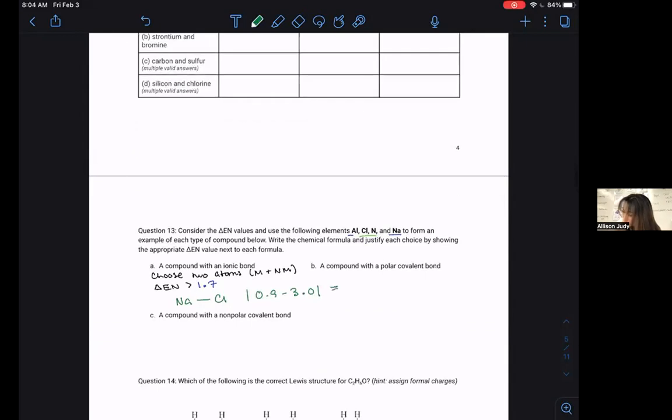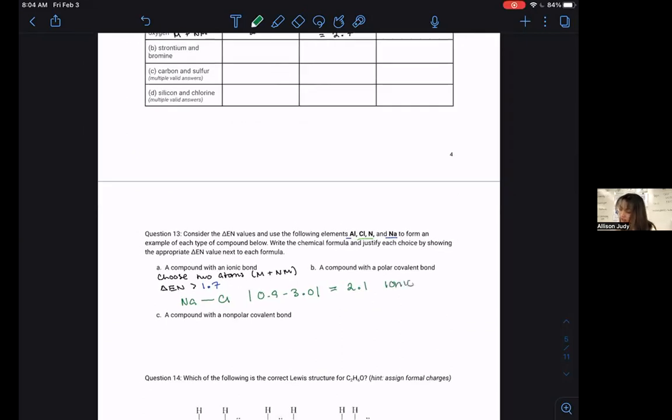That gives me an absolute value difference of 2.1. That is definitely ionic, right? That's definitely ionic.